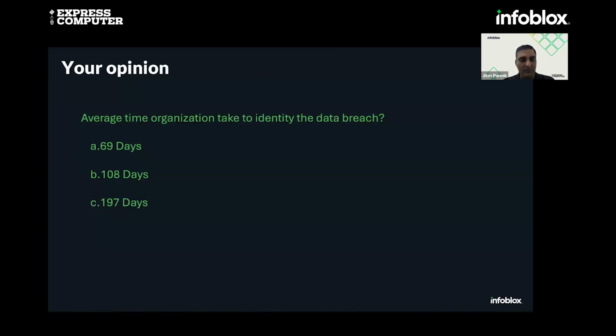Can somebody show? Okay, so 34% said 69 days, 40% said 108 days, and the least has said 197 days, but the least is the right one. The average time an organization takes to identify a data breach is 197 days.